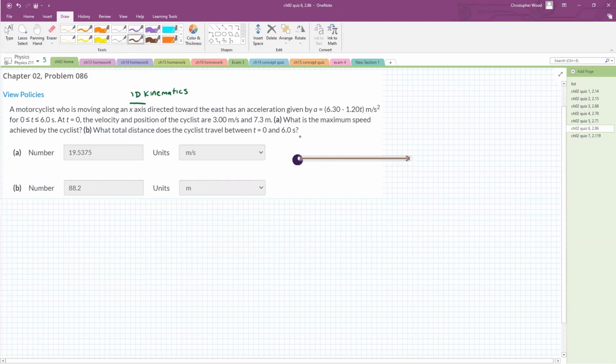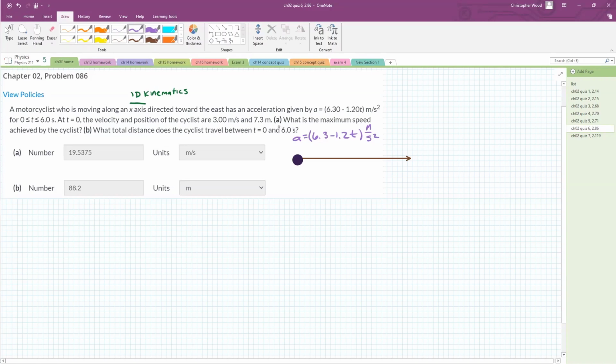The acceleration of this motorcyclist is stated as a equals 6.3 minus 1.2t meters per second squared, for t between 0 and 6 seconds.